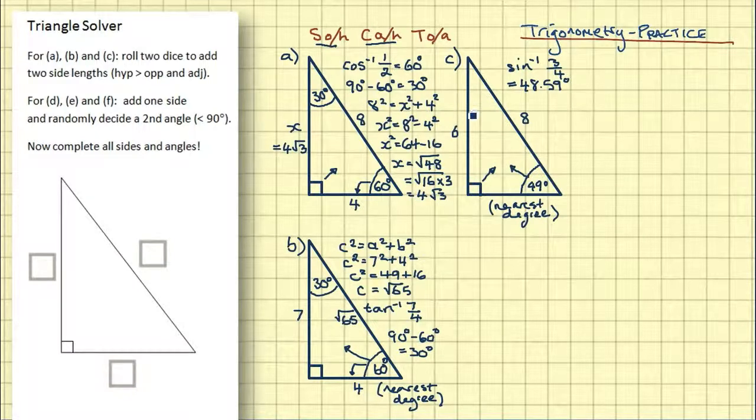So I can say my missing angle here to the nearest degree is going to be 41 degrees. Okay, all I've got to do now is use Pythagoras then to complete my missing side.